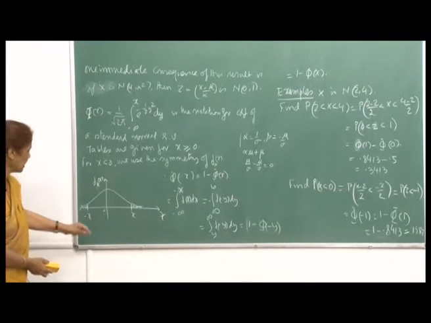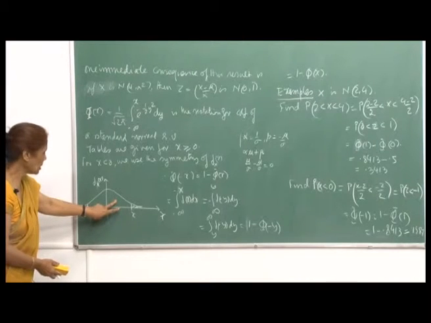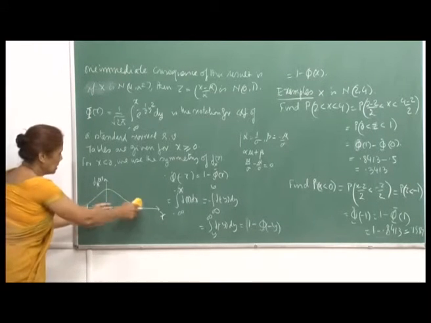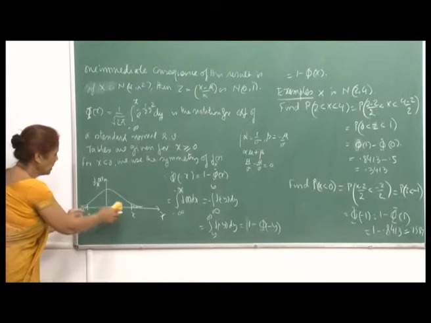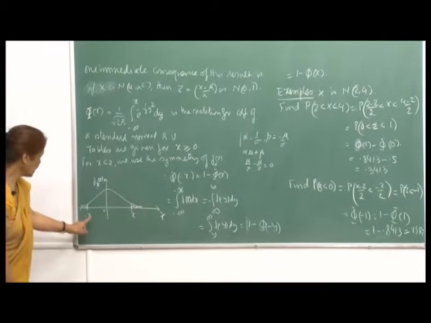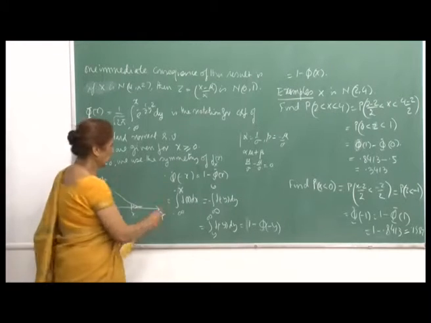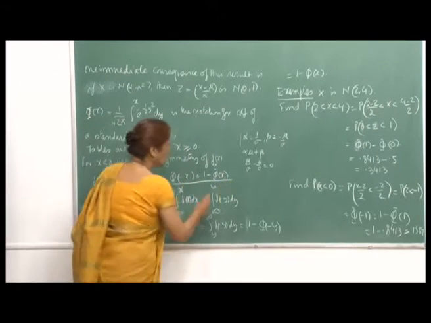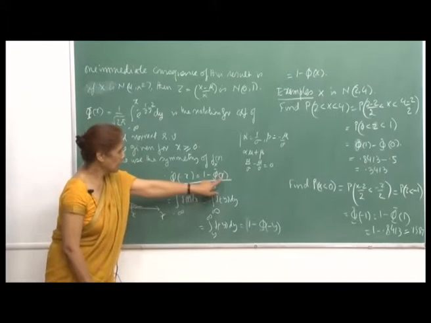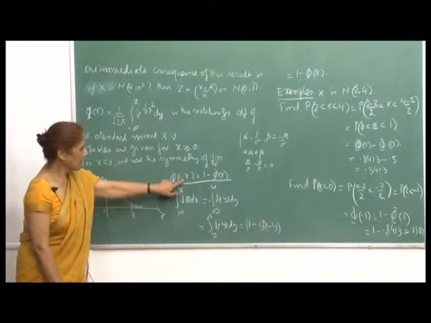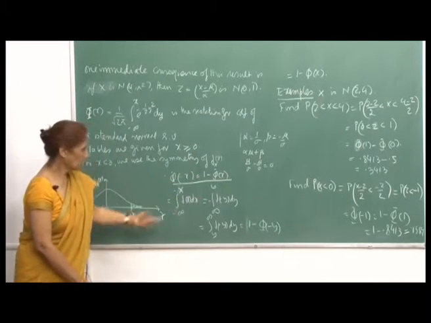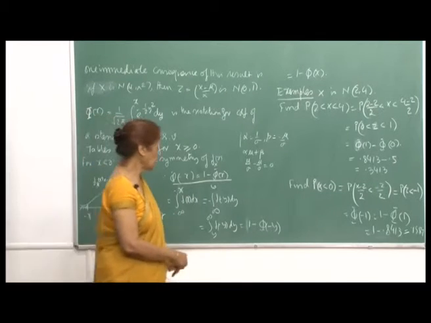This is what symmetry means, because this area and this area are equal. Since this is half area, this is 0.5. Therefore, this shaded portion here is the same as the shaded portion here, and so the formula is this. So if you have tabled your values for x positive, then for x negative you can get it by this, and we can verify this formula right away.